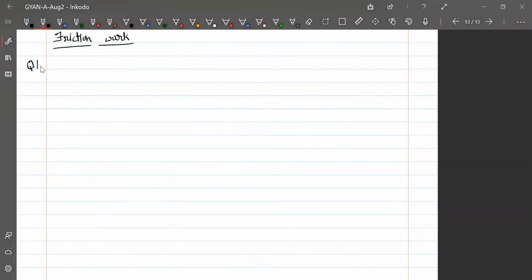So, first question, block is sliding, there is friction, and let us say it has displaced by an amount of 5 meter.